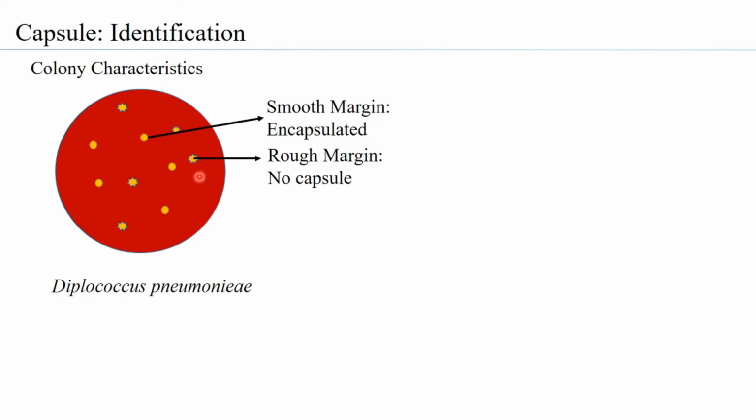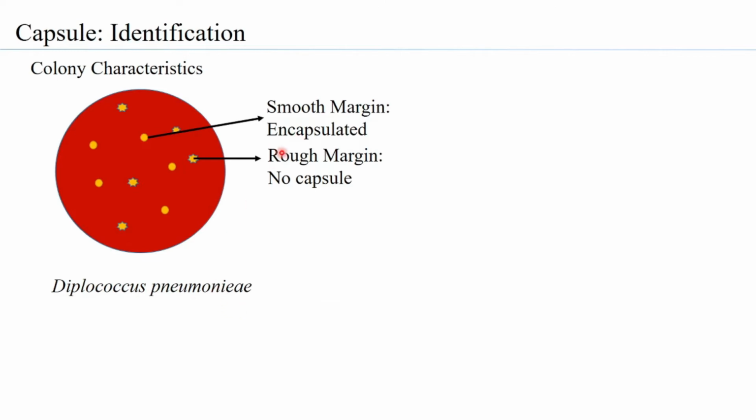What was also interesting is that those which were encapsulated were virulent strains, and those that did not have the capsule were not virulent strains. So effectively what was observed is that when the smooth strains of Diplococcus pneumoniae were injected in mice, the mice suffered from pneumonia, and also many of them died.